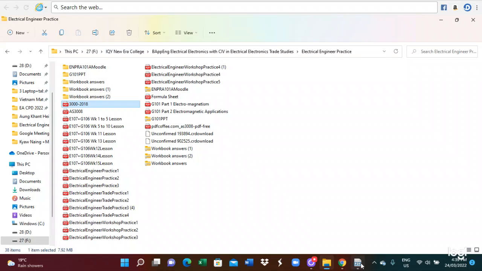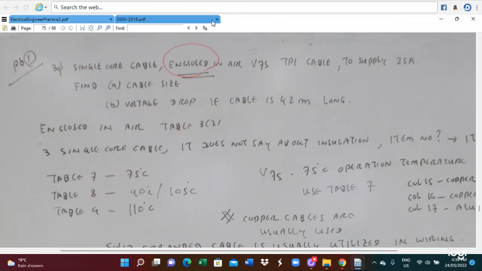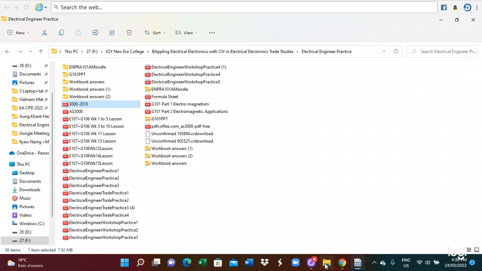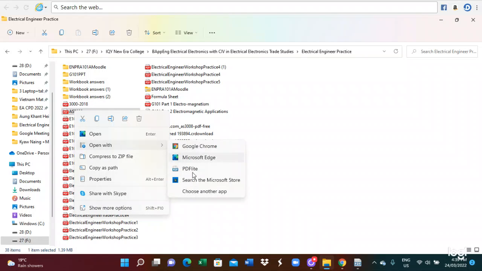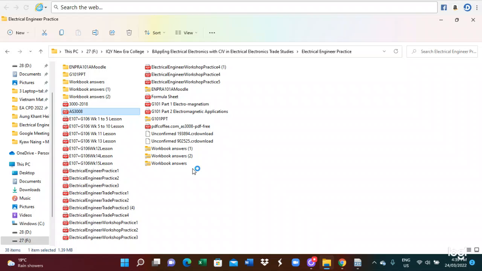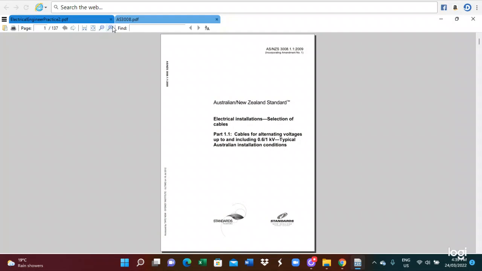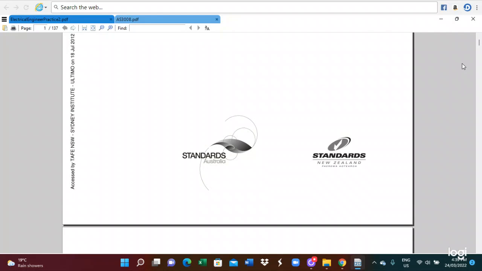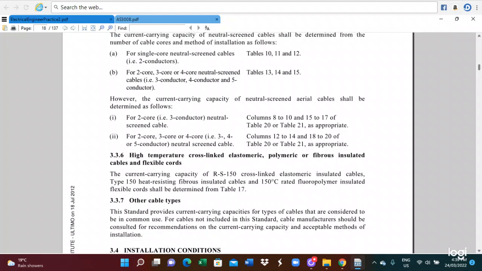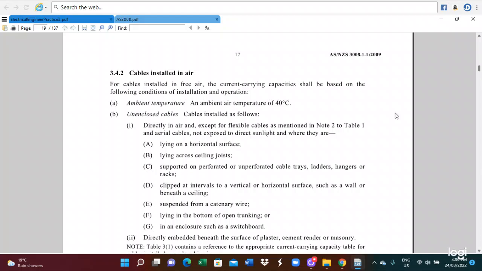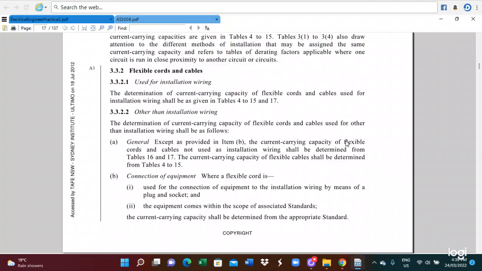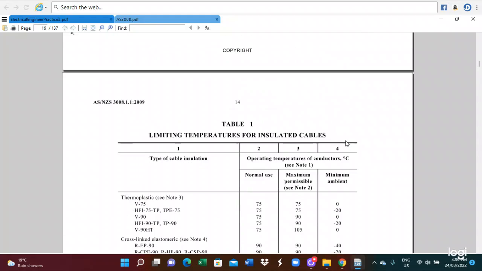Now we are using AS 3008, so I open the AS 3008 standard. We use table 3-2, so let's go down and look at table 3-2. Table 3-2 is here.